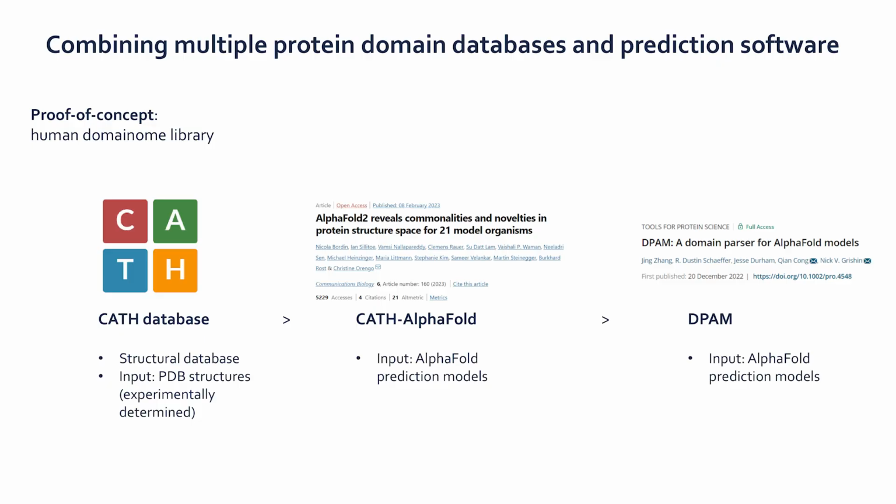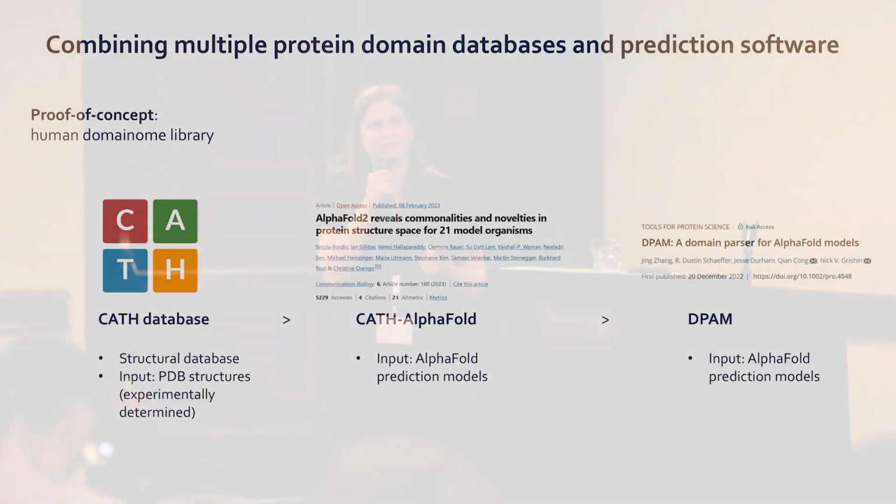So then we looked into more AlphaFold-based prediction databases. The first one we found was the CAT AlphaFold database. As I said, the input here are AlphaFold prediction models, so it's also structures, but they're not experimentally validated. In this paper, they just ran the CAT algorithm on the AlphaFold models, and then used that to generate domains.